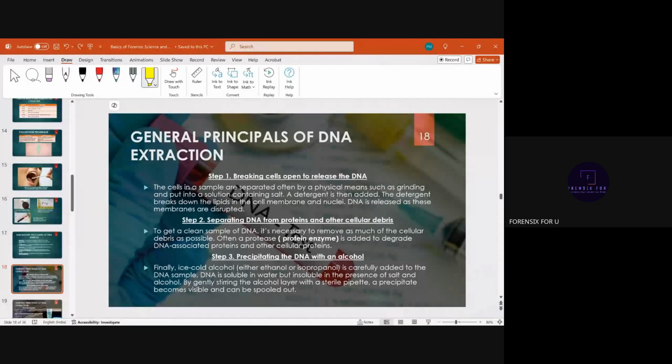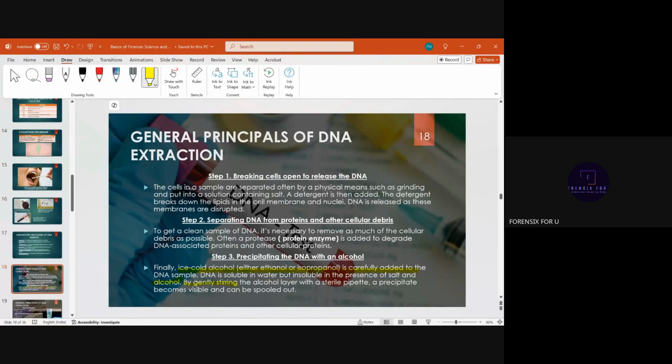Next is the precipitation of the DNA with alcohol. To remove all the aqueous impurities, we need to isolate and separate this DNA into some alcoholic substance so that only pure DNA is extracted. So whenever the DNA is separated from the cellular debris, ice cold alcohol, which is either ethanol or isopropanol, is carefully added to a DNA sample. DNA is soluble in water but insoluble in the presence of salt and alcohol.